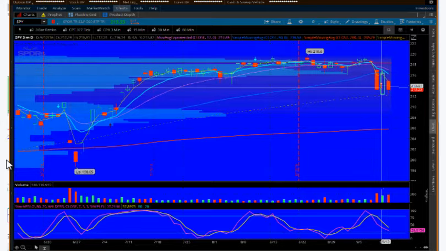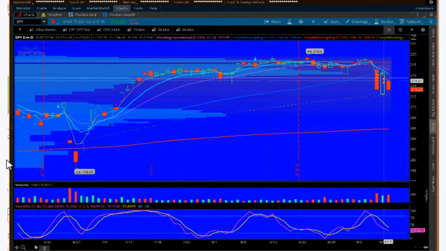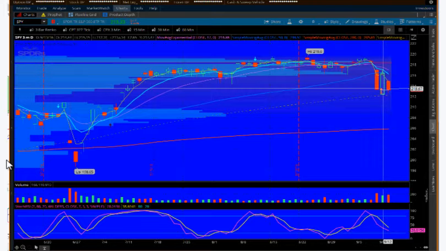Today's price movement and the close basically negated most if not all of yesterday's green candle. And I mentioned that in passing this morning, even after Rick came on, that yesterday was just an up day in a downtrend.